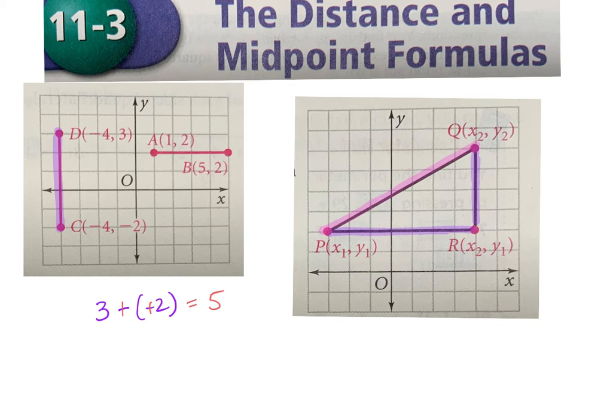And so that's where we get the distance formula. The distance formula says we'll take the x's, subtract those, and square it. Take the y's, subtract those, and square it. And then take the square root of those sums. And that will be the distance of your hypotenuse. It is literally the Pythagorean theorem.